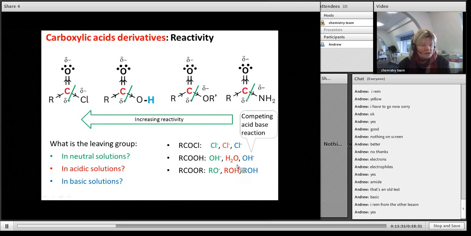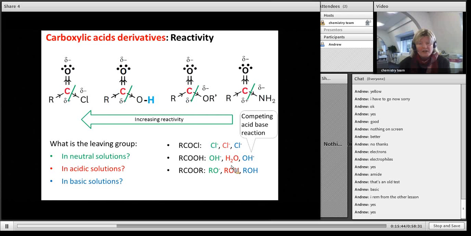So would that be a good leaving group if it's neutral? Yes, it's a neutral species, so it's a good leaving group, and that's why polyester, if you spill acid on it, is going to be affected. In basic solutions, it's also a neutral leaving group, and I will show you in the next slide, in case you're wondering where that H comes from. I'll show you just now.